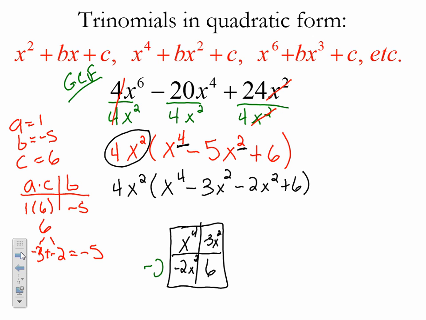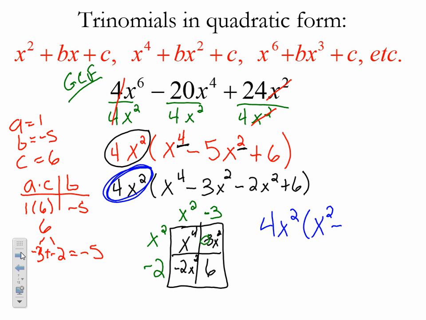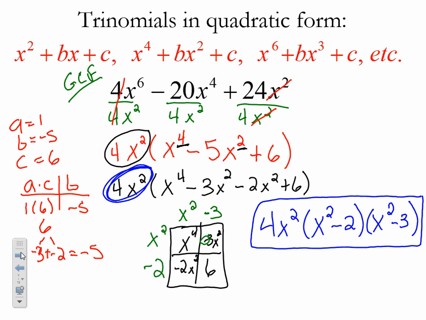So we have negative 2, x squared, and again negative here, so negative 3. Now when we rewrite it, the super annoying brother and sister, we can't forget about them. So we have to put 4x squared times the quantity x squared minus 2, and x squared minus 3. And there we go, ladies and gentlemen, that is our answer.